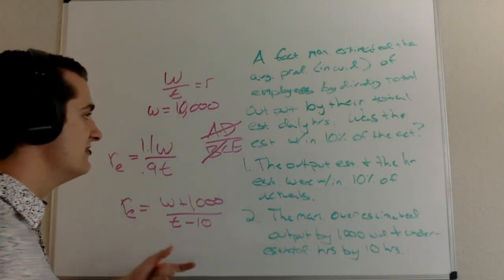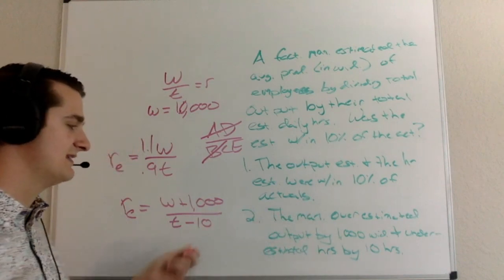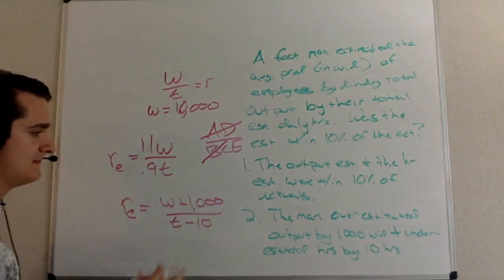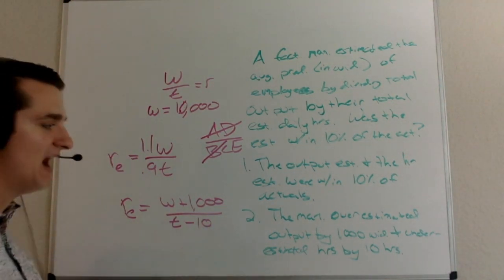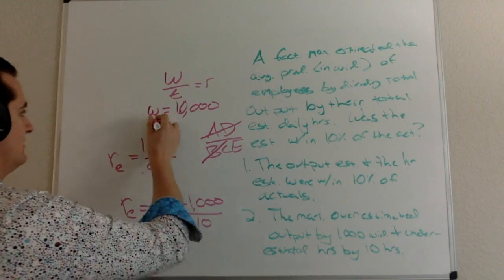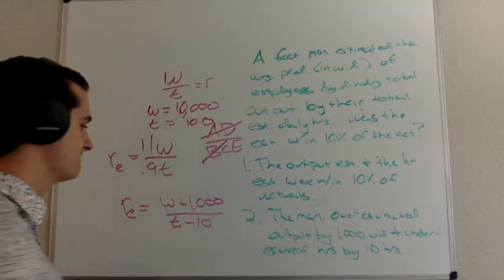And if the time is within 10%, well, I underestimated the time by 10 hours. So that 10 hours was 10% of the time, which means the total time was 100 hours.